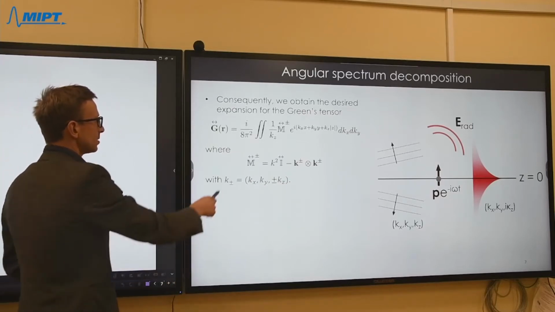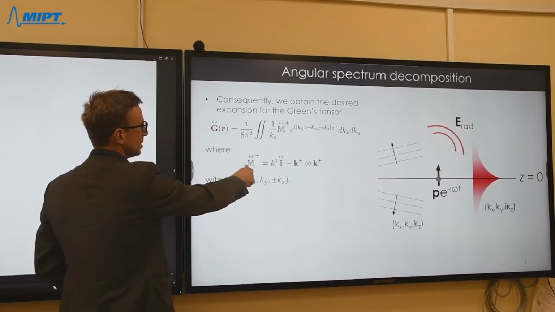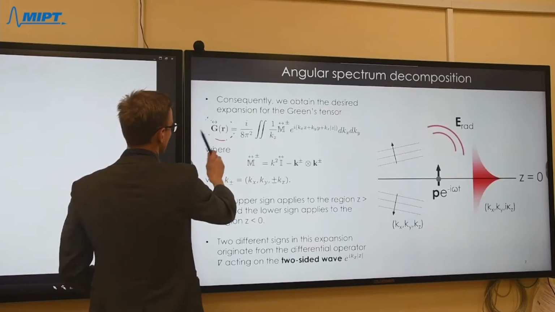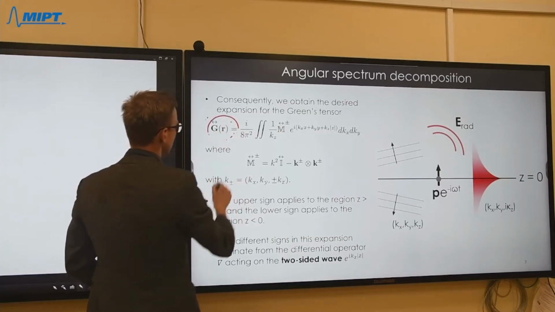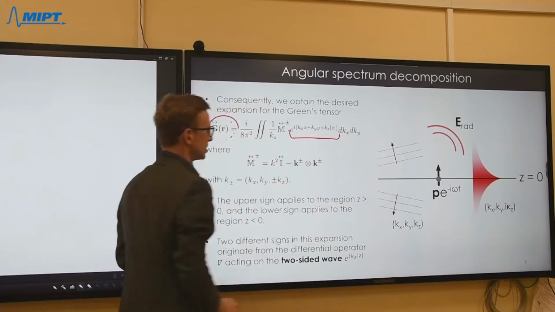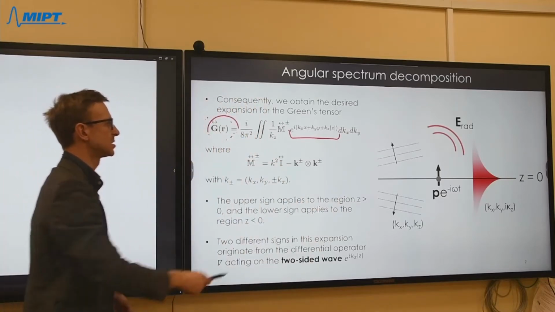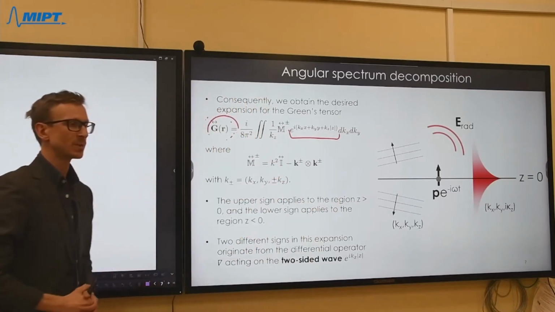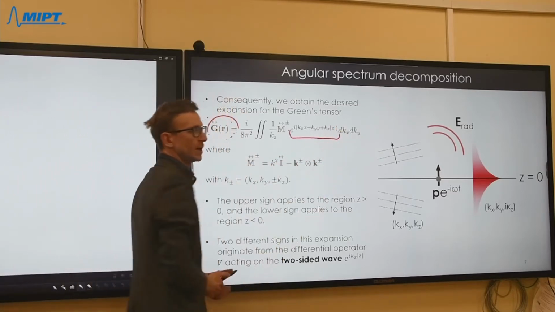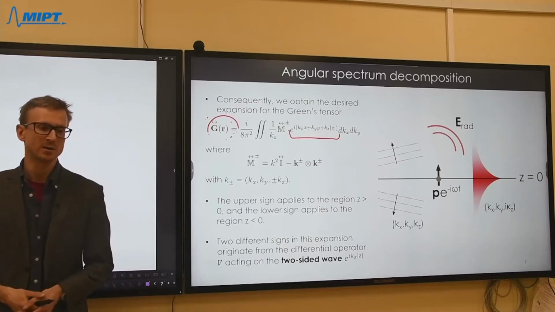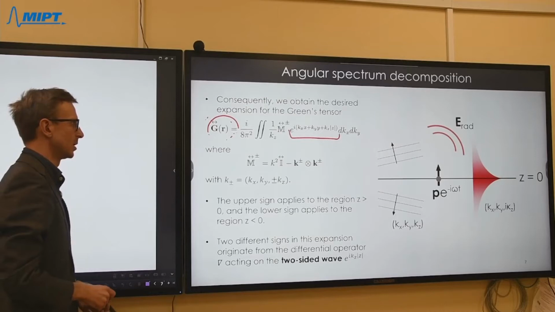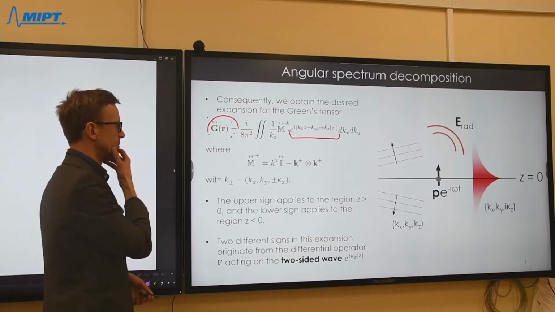So we're gonna write the plane wave representation of the Green's tensor in this way, where this is the same factor that we already dealt with. I explained to you that this is a bunch of plane waves propagating in different directions, where the absolute value describes the two-sided plane wave, and kz is determined according to a certain rule.